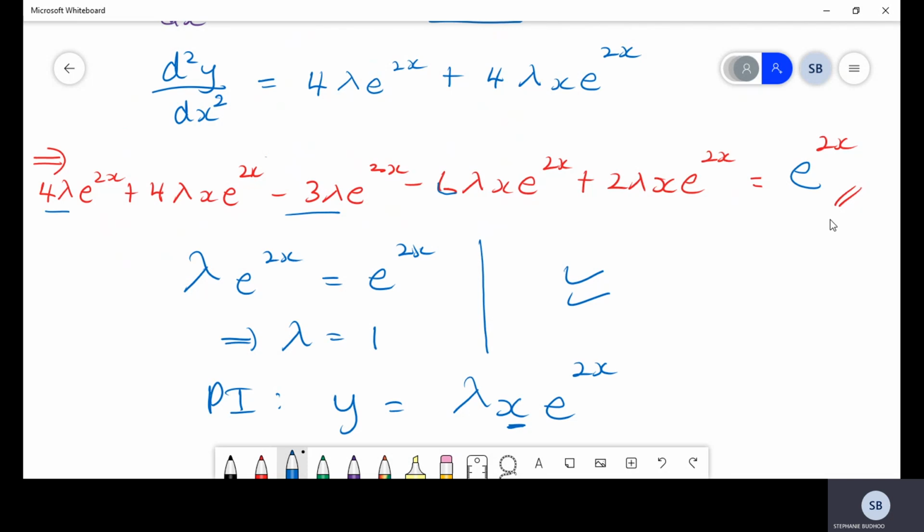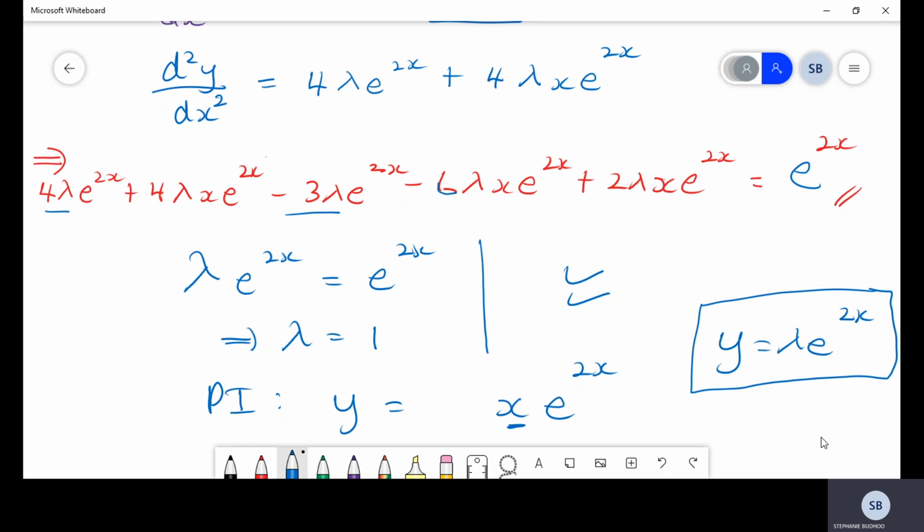Generally, rule of thumb, your particular integral for exponential functions is given by lambda e to the 2x. And this would be wise to take note of. So in this question, we found lambda to be 1. So replacing that value with 1 just gives us xe to the 2x.